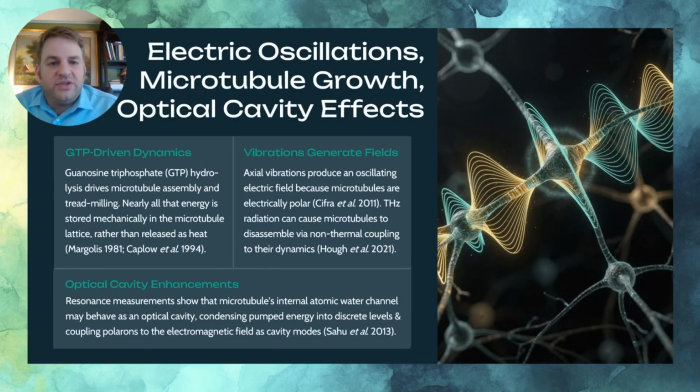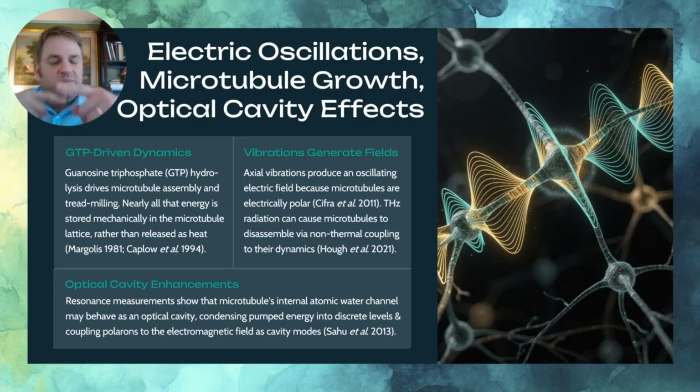So how do electrical oscillations and microtubule growth effects fit together, and could there be an innate cavity effect in the microtubule themselves? So we know that GTP hydrolysis drives, in some sense, microtubule assembly and growth, as well as another process known as treadmilling, where the tubulin basically falls off the back end of the microtubule, picks up a GTP somewhere along the way, and then reforms at the front of the microtubule.